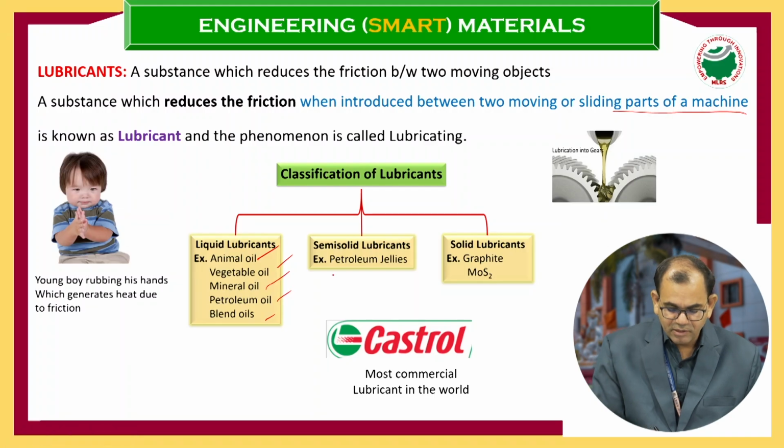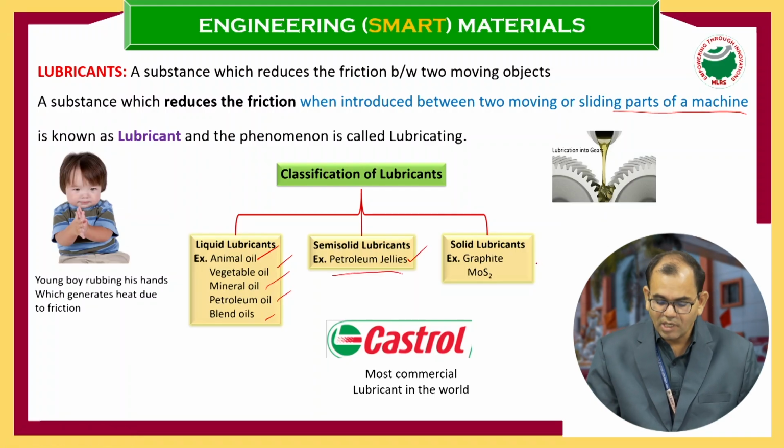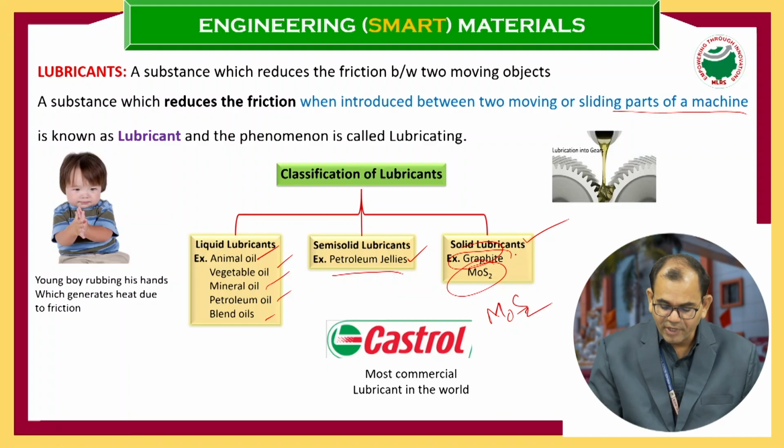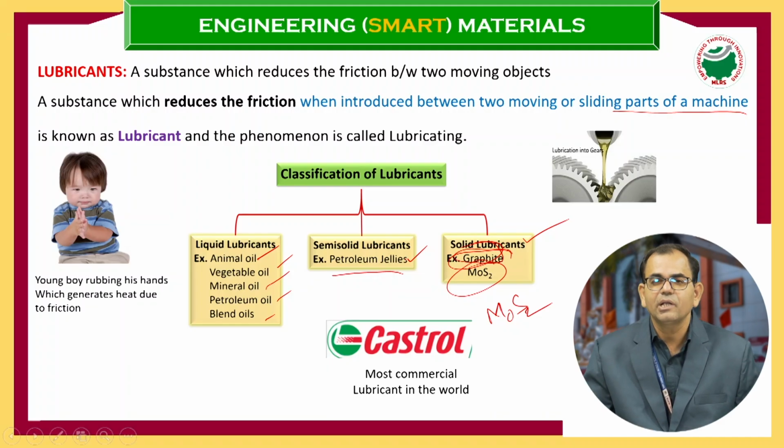Semi-solid lubricants are petroleum jellies. Solid lubricants are graphite and molybdenum disulfide. Graphite is nothing but a carbon allotrope, like fullerenes. We can also use grease or wax as an anti-friction agent.